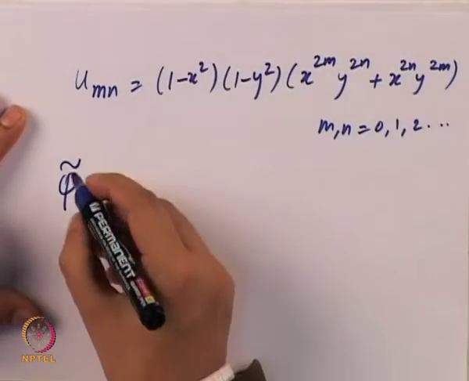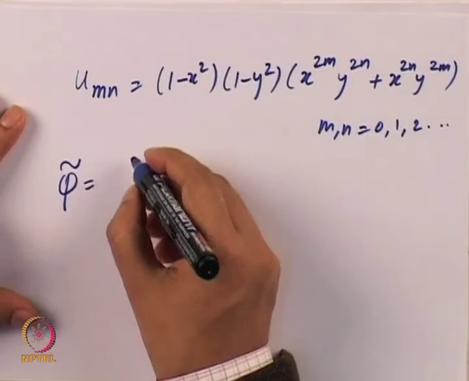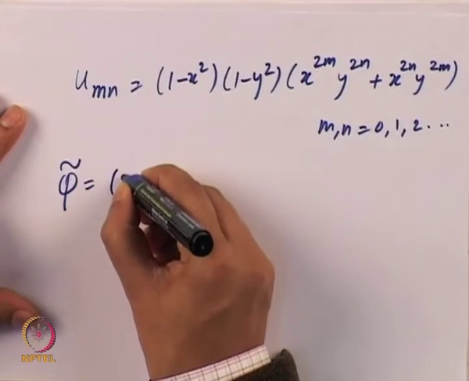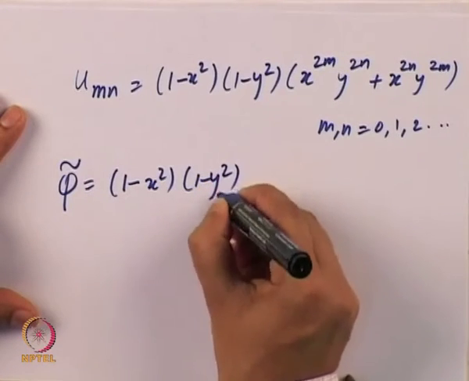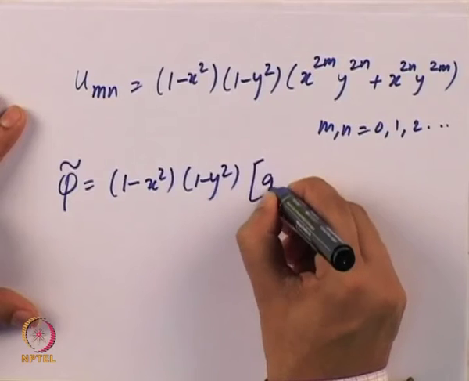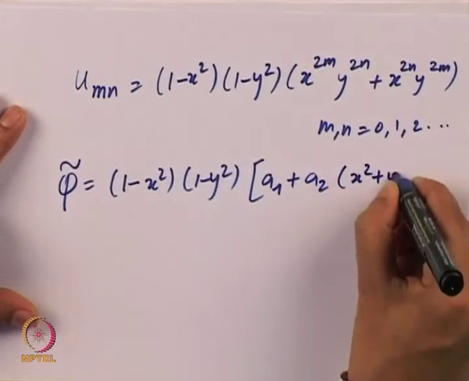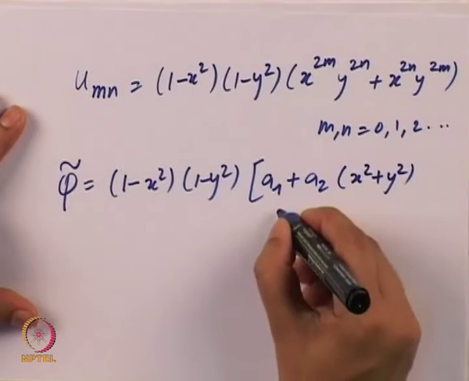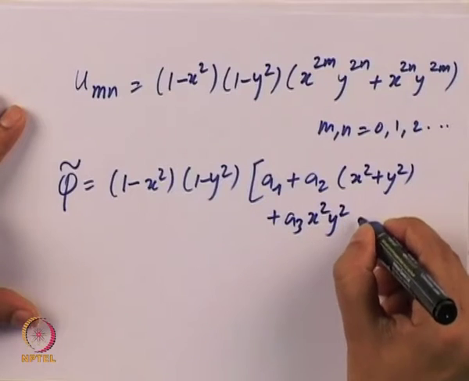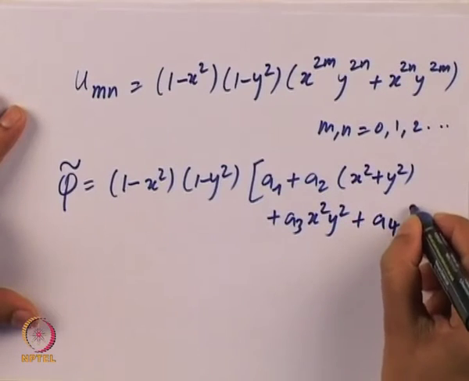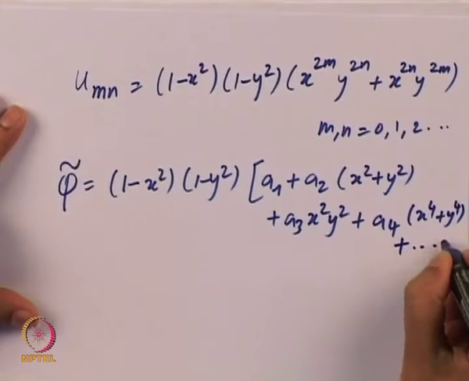The approximate solution is phi tilde is equal to 1 minus x square multiplied by 1 minus y square, multiplied by a1 plus a2 multiplied by x square plus y square plus a3 x square y square plus a4 times x power 4 plus y power 4, plus so on and so forth.